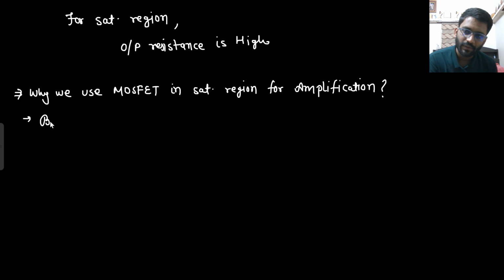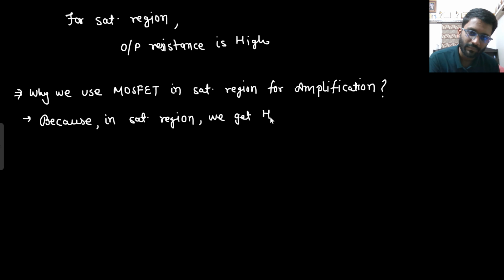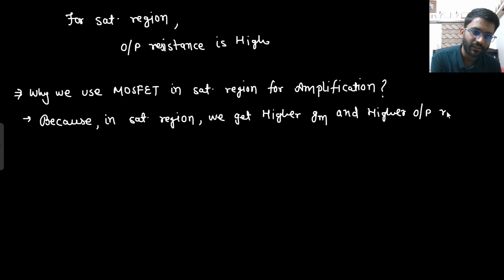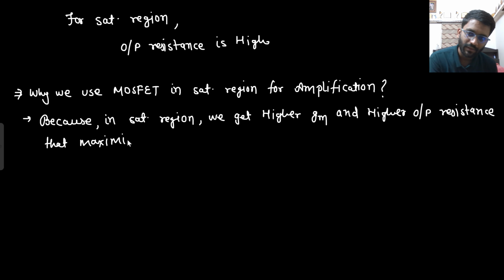Because in saturation region we get higher GM and higher output resistance that maximizes our voltage gain.